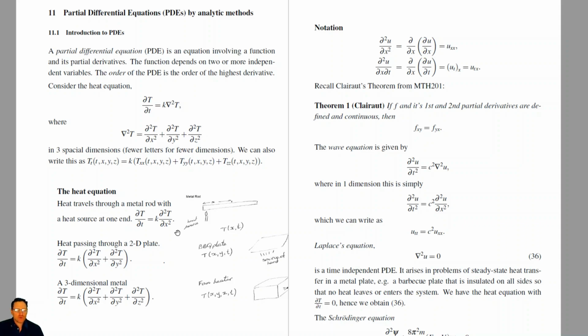So in that case we would model the temperature changes in, say, a barbecue plate or a metal plate with a source of heat somewhere on it to be the same thing, but we have another y dimension. So partial T on partial t is equal to K times nabla squared T. Or we could have a three-dimensional example in which the temperature is moving through a three-dimensional block of something.